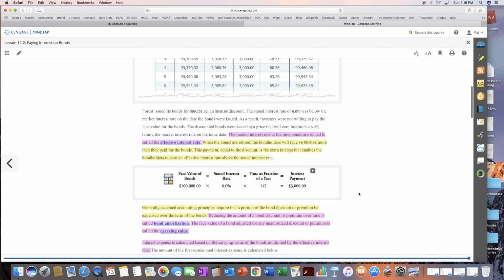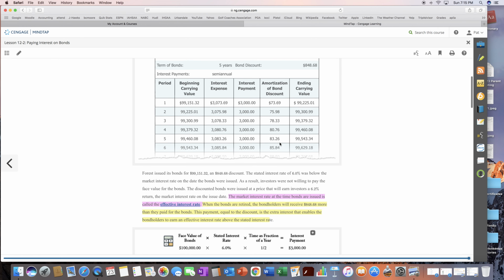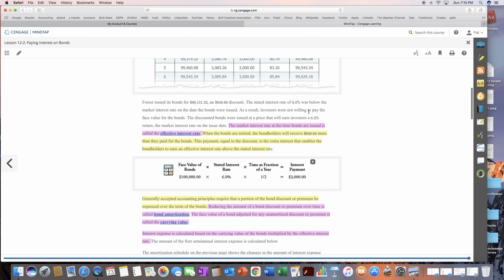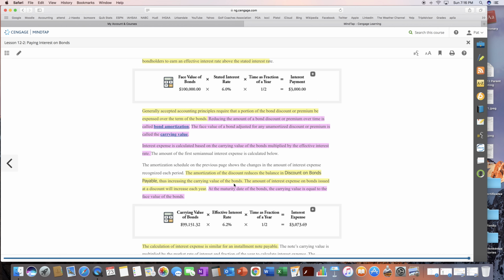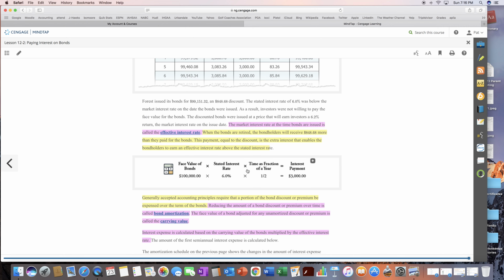That's what they're working with in this bond amortization. The face value of the bond is adjusted like we're showing you here, and when we adjust it with this extra expense that we see, this is the new carrying value. Interest expense is based on the carrying value multiplied by the effective interest rate. So that's what we're talking about when we're showing you these.